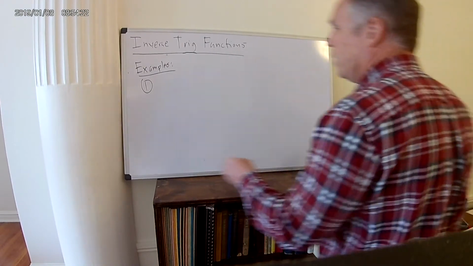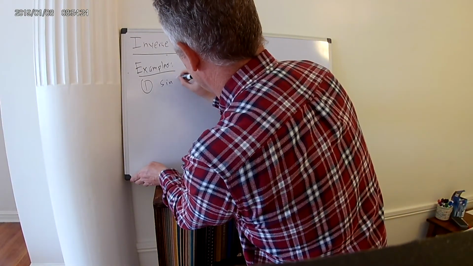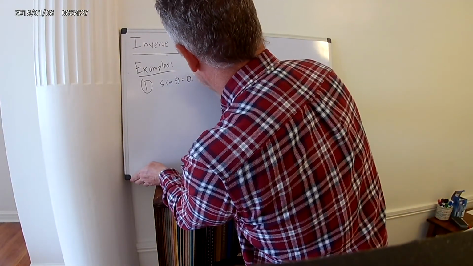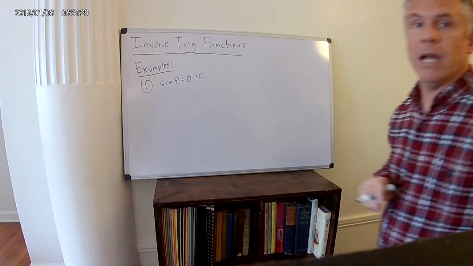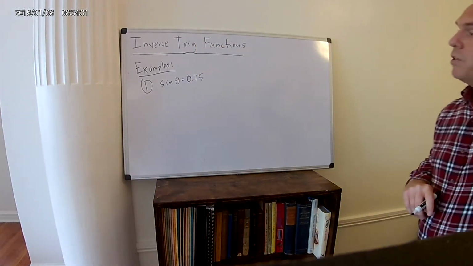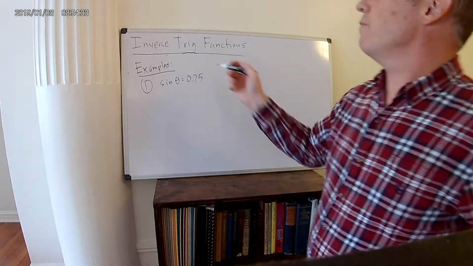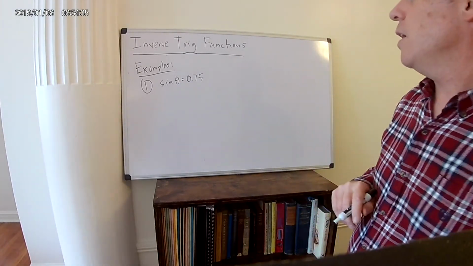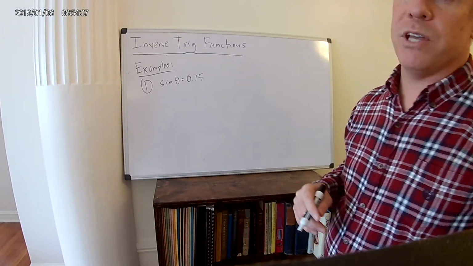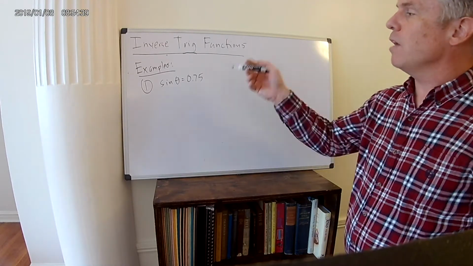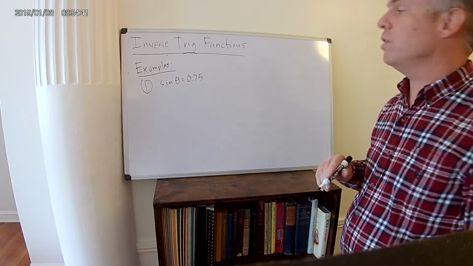Let's suppose we have an equation, sine of theta equals 0.75. We want to figure out what the value of theta is whose sine is 0.75. How do we figure out the value of theta that makes sine of theta equal 0.75?